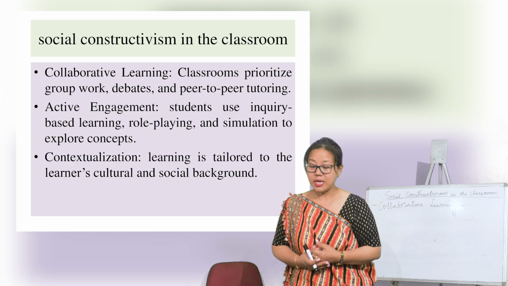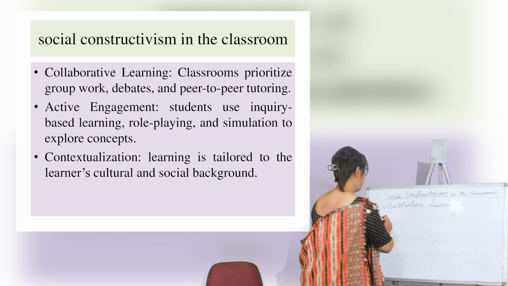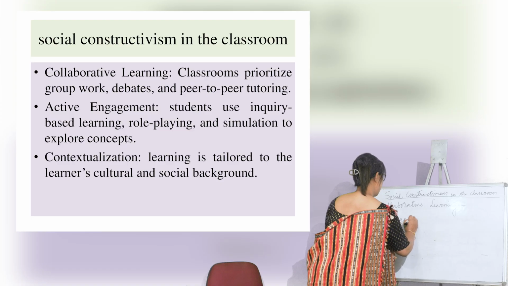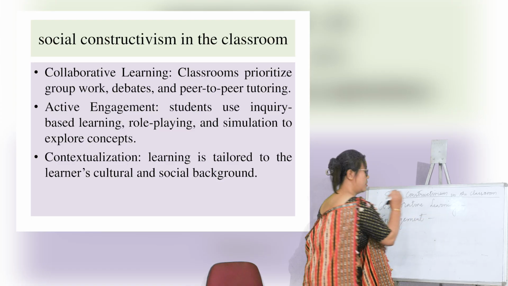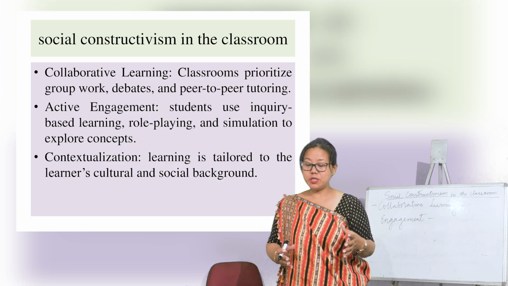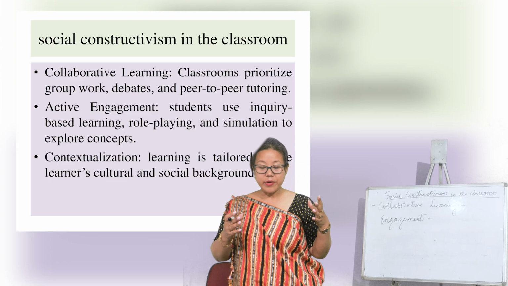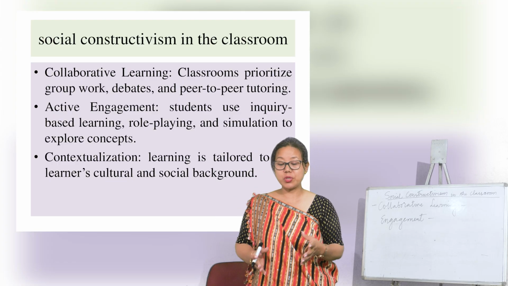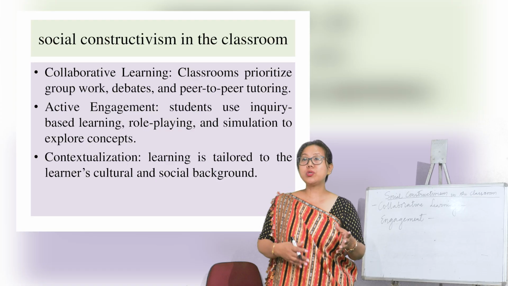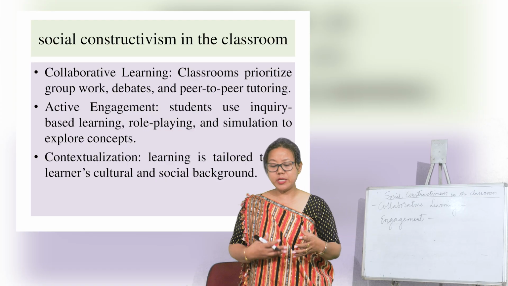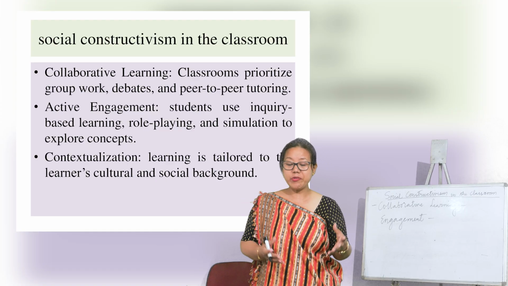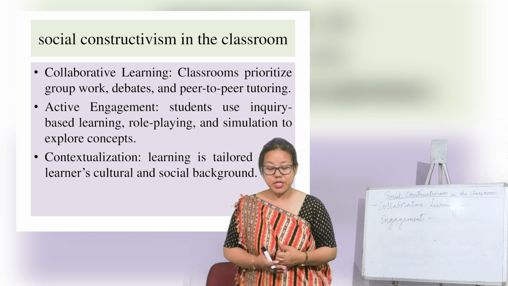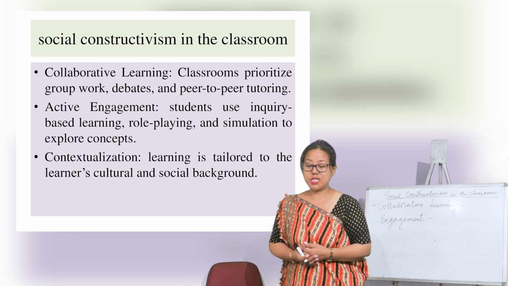Number 2 is active engagement. Active engagement is expected in students when we talk about social constructivism in the classroom. Students must be using inquiry-based learning, role-playing, and simulation to explore concepts.